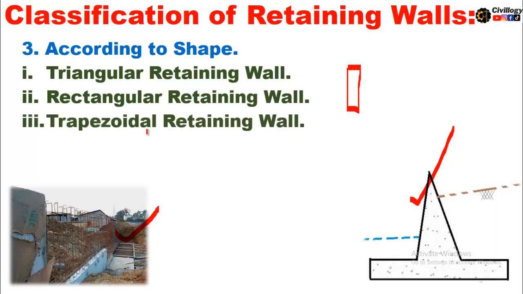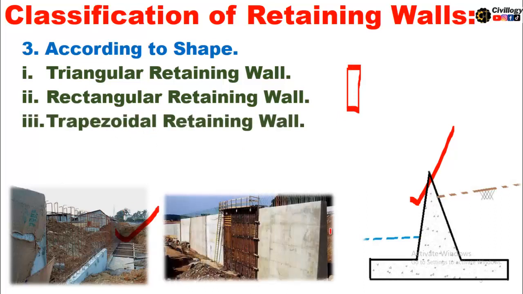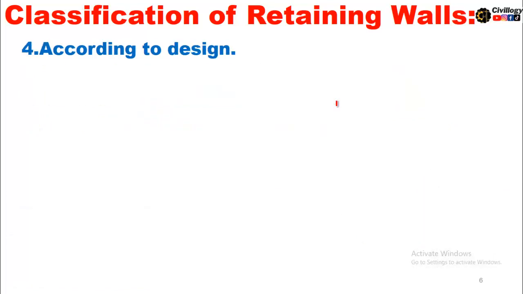And the third one is trapezoidal retaining wall. Trapezoidal retaining wall is of this shape. As you normally see, the retaining walls are made in this design because this is most stable, and it is also called a gravity wall. So this shape is called a trapezoidal shape wall. So these classifications are according to shape of the retaining wall.